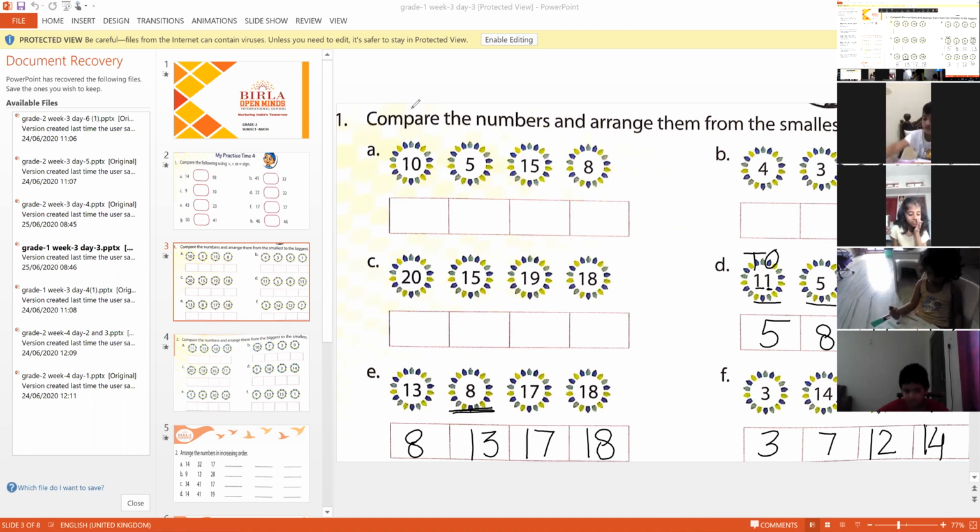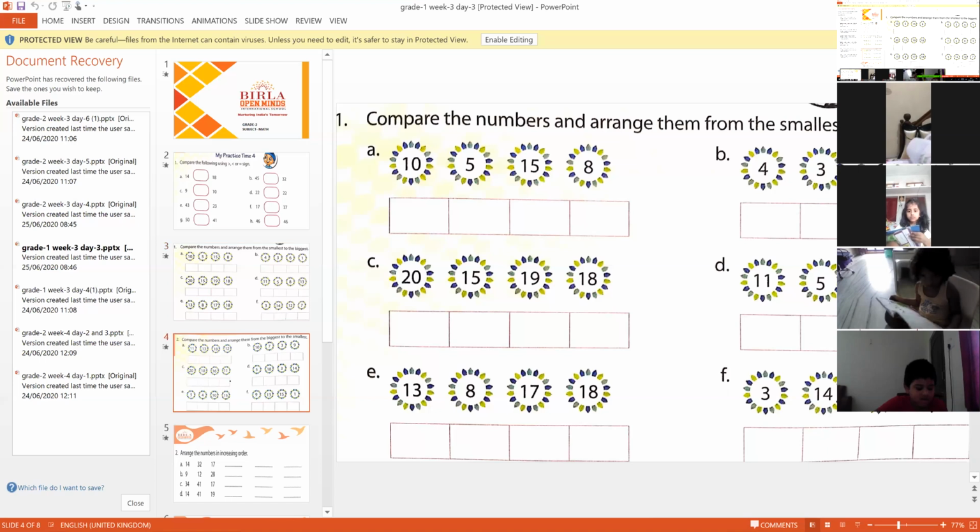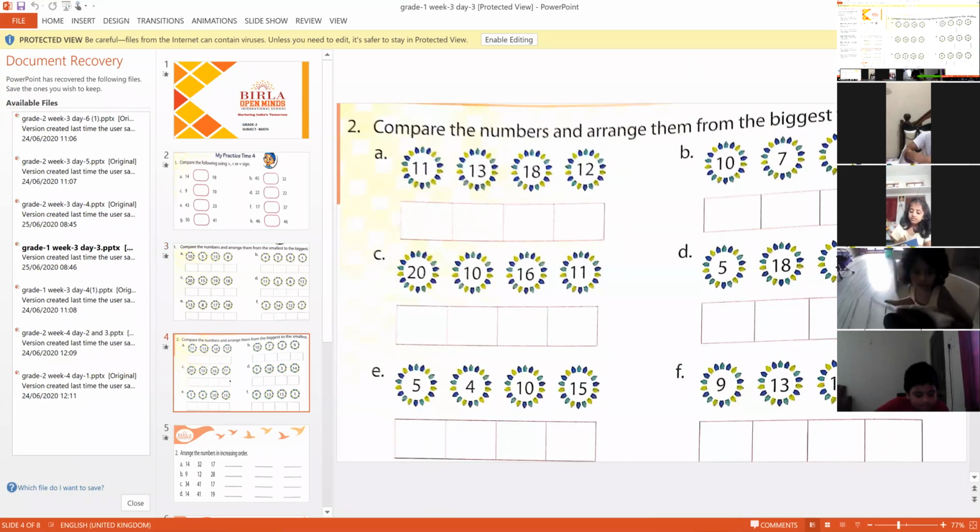Okay. After this, children, turn the page and come to page number 18. Question number 2 is there.